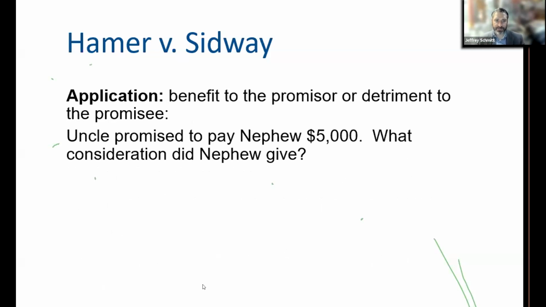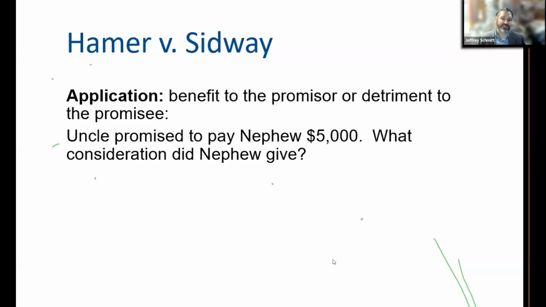So, benefit or detriment. Well, the uncle promised to pay the nephew $5,000. So we're looking at the uncle as the promisor. He's making the promise. And so the uncle needs to either get a benefit or the nephew needs to suffer a detriment. The uncle did not get a benefit, right?